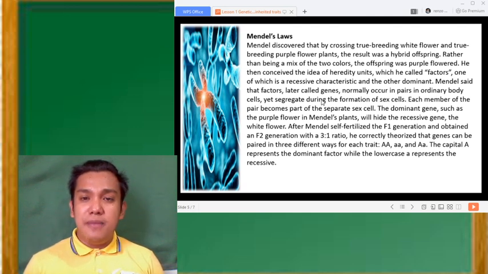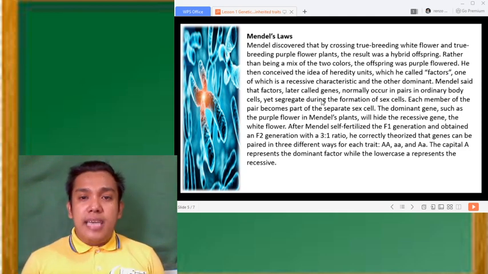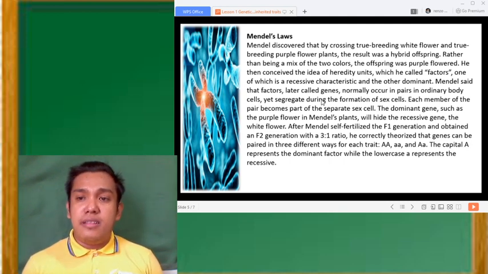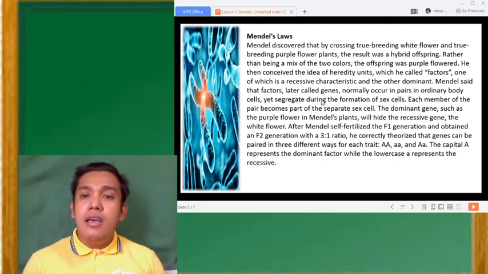He then conceived the idea of heredity units, which he called factors, one of which is a recessive characteristic and the other is dominant. Mendel said the factors, later called genes, normally occur in pairs in ordinary body cells, yet segregate during the formation of sex cells. Each member of the pair becomes part of a separate sex cell.